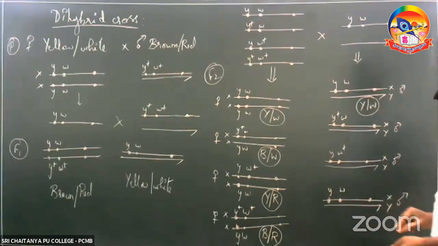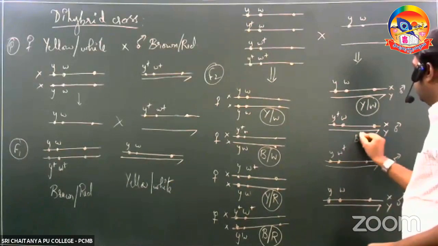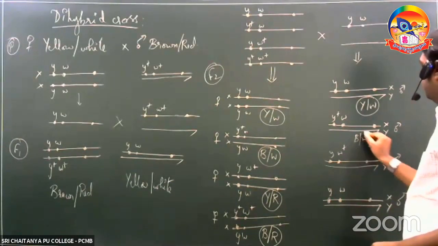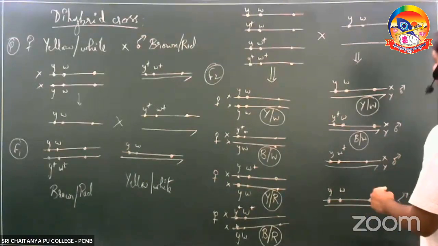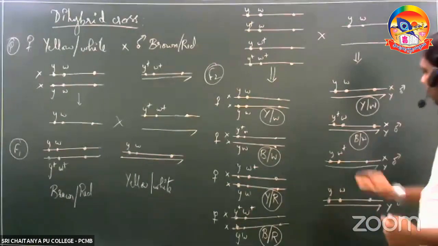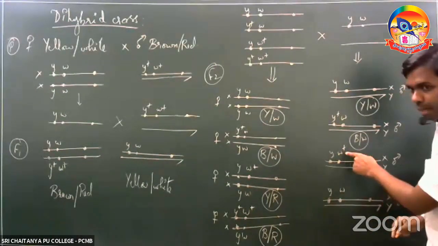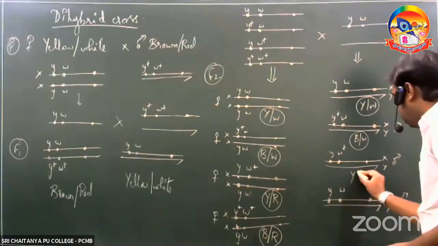Second condition, y+ is brown body, and w is white eye. So brown bodied, white eye. The third condition would be y and w+. Since it is y and w+, the individual here would be yellow, and since it is w+, it would be red.